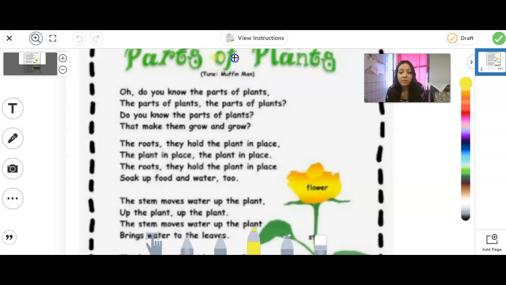So in our title, we have of, and then on our first line, we have do you know the parts, and then of. On the next line, we have of, the, of, and then do you know the, and of.